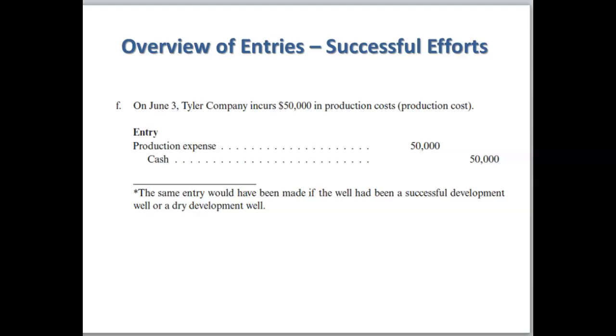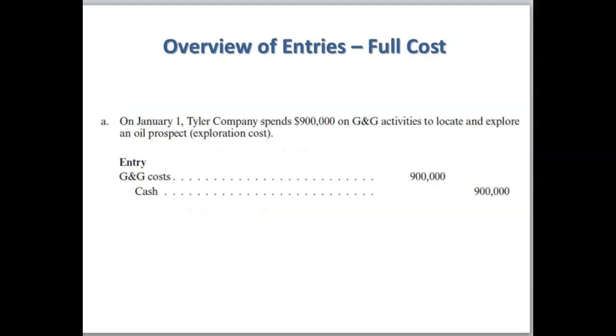Now we're going to go through the same transactions using the full cost method, again highlighting the differences. On January 1st, Tyler Company spends $900,000 on G&G activities to locate and explore an oil prospect. This is an exploration cost, but under full cost, it's going to be capitalized.